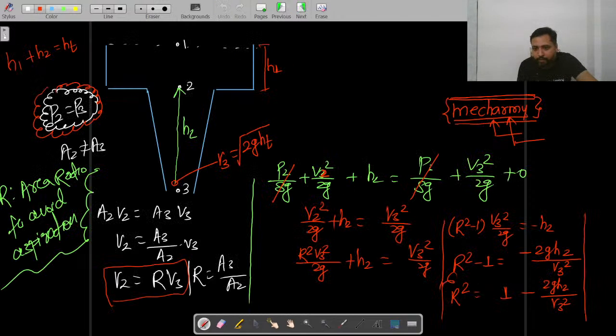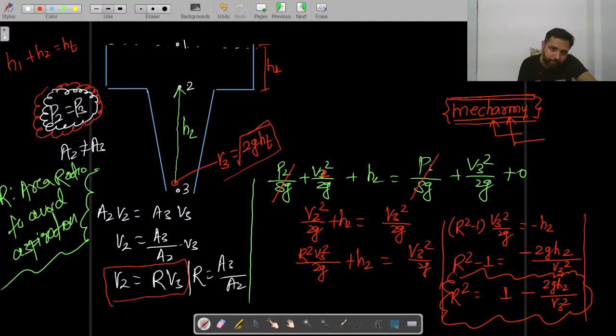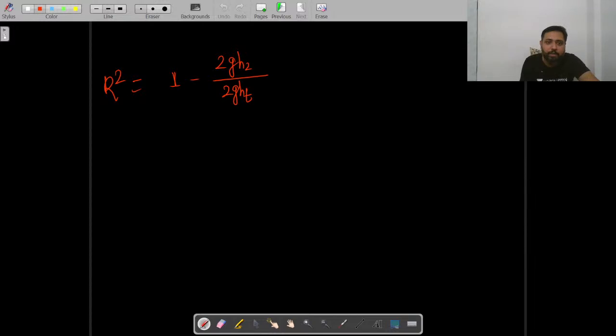This, if you simplify, this will become 1 minus 2gh2 upon v3 square, which will become 2ght, and this was equal to actually r square, right? Look at the previous slide. Yes, this same thing I have written, only v3 square I have replaced by square root of 2ght. So this became 2ght.